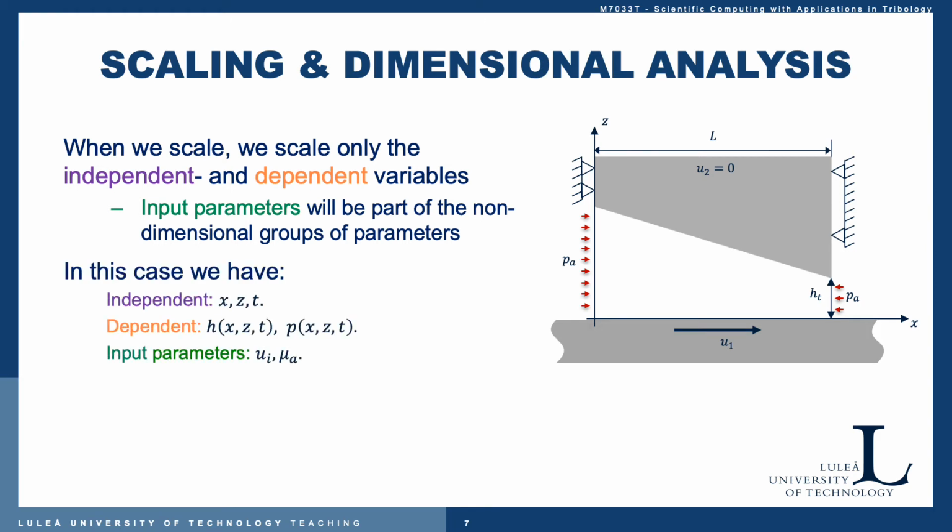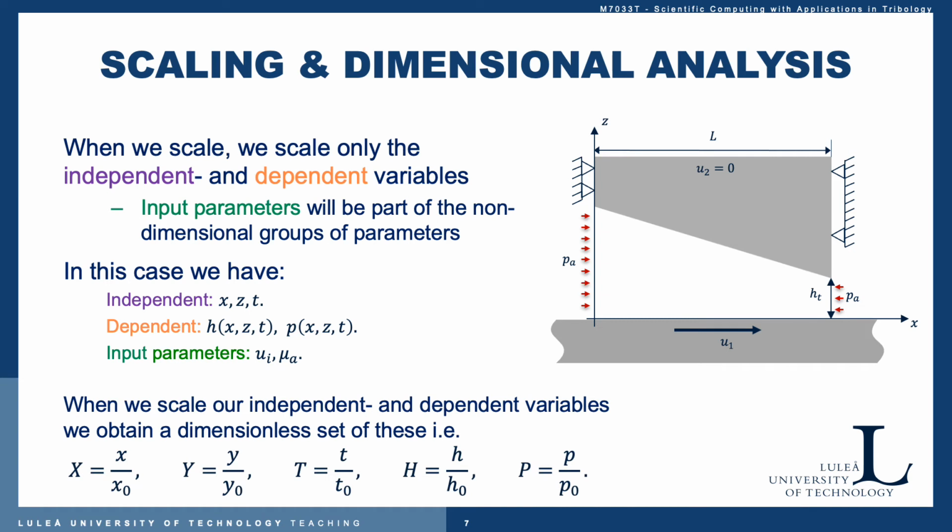So in this case we have the independent variables x, y and t, the dependent ones h of x, y, t and p of x, y, t, and the input parameters are the surface velocities u1 and u2 and the ambient viscosity. So we scale our independent and dependent variables just by reference parameters. We make them as general as possible and just call them x0, y0 and so forth.